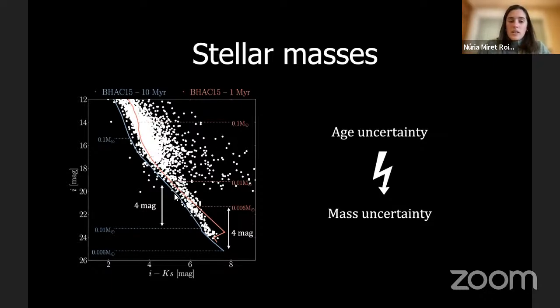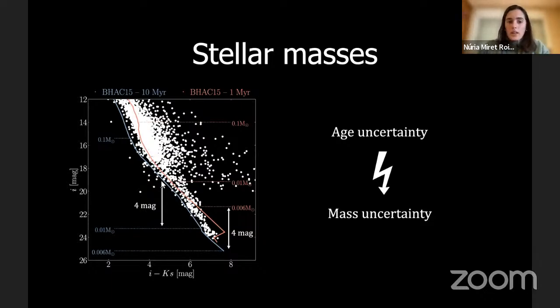For instance, you are seeing here this red line is the evolutionary model at 1 million years, and the blue line is the evolutionary model at 10 million years. We see that within only these 10 million years, objects have cooled down 4 magnitudes. This means that if we don't know the age of these objects, it's very complicated to distinguish between a 0.01 solar mass object and a clearly more massive one.